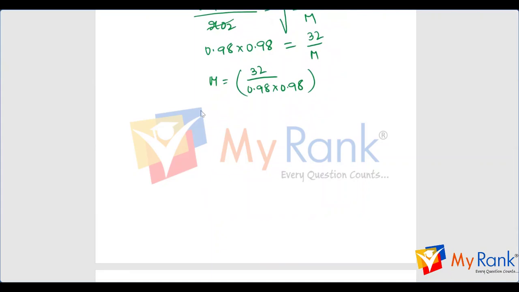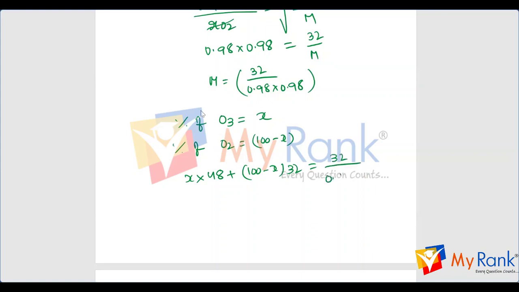Then percentage of O3 is X, percentage of O2 is 100 minus X. Therefore, X into molecular weight of ozone 48 plus 100 minus X into molecular weight 32 is equal to the average molecular weight, 32 by 0.98 into 0.98.